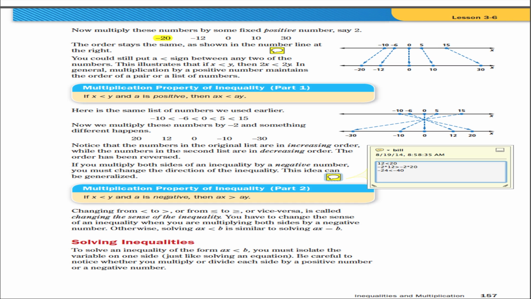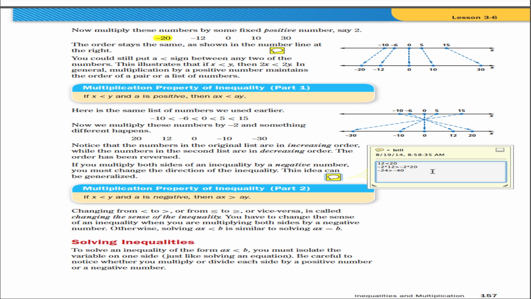We have to flip it because we multiplied both sides of the inequality by a negative number. So we have to change the sense of the inequality to reflect the fact that now that we're talking about negative terms, the relationship is changed. If it's farther away from 0 on the left side of the number line, it's a lesser number.